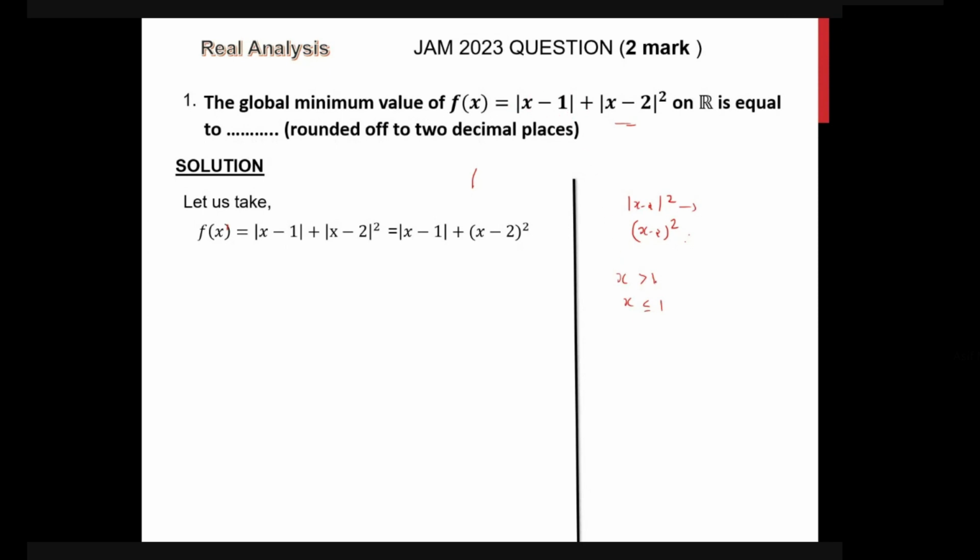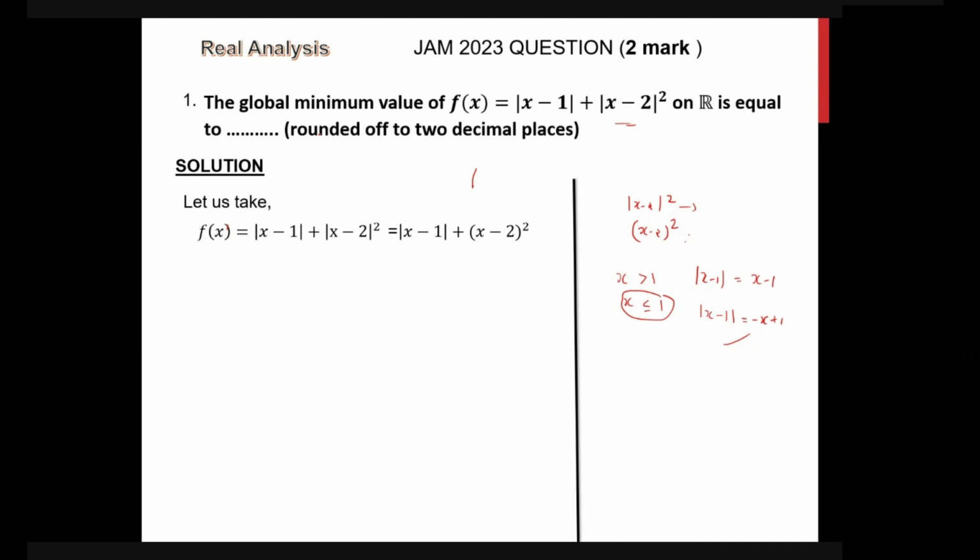When x is greater than 1, mod of x minus 1 equals x minus 1, and mod of x minus 1 equals minus x plus 1 when x is less than or equal to 1. So this is the thing.